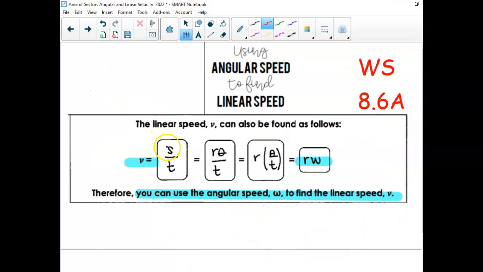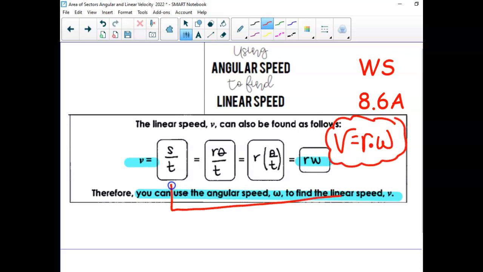All right. This is actually on the next page, but this is the formula that I use all the time. I don't use all these other formulas in between, and you don't even have to write them down if you don't want to. The one I use all the time is to find the linear speed, you take the radius times the angular speed, okay? You can use the angular speed to find the linear speed. You just multiply by the radius.